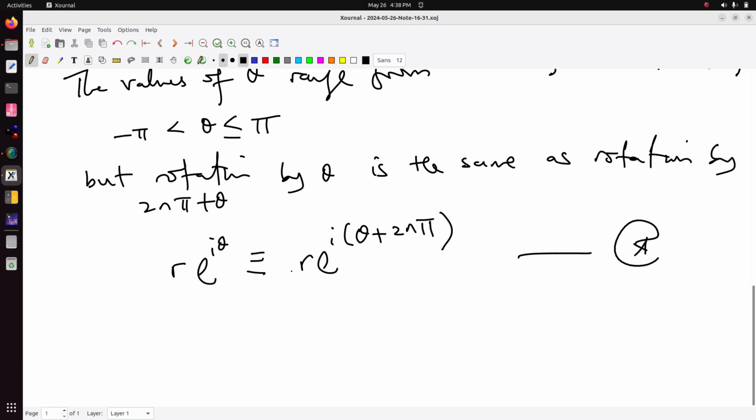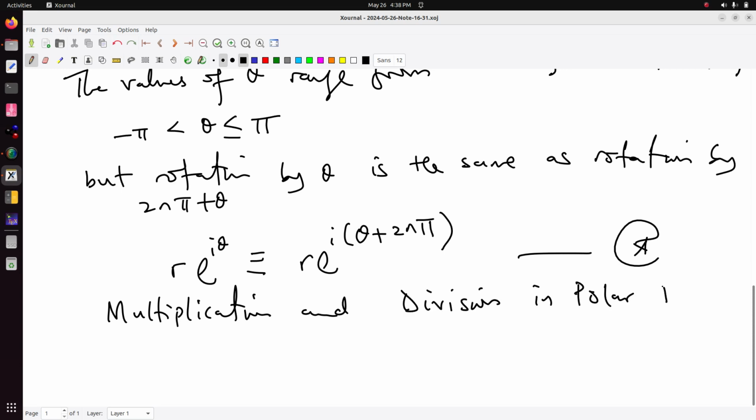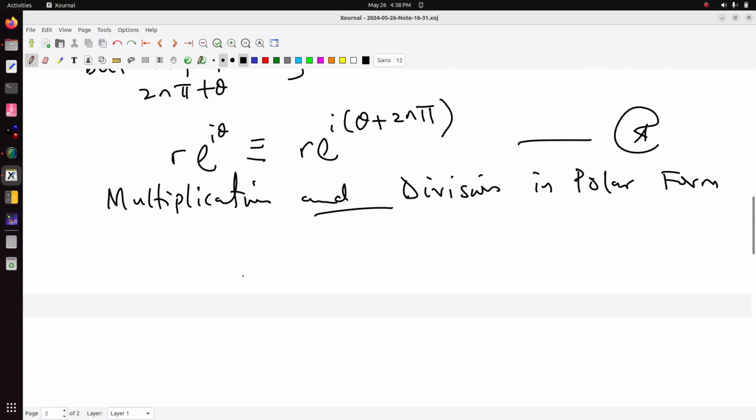Now, multiplication and division in polar form. If you have two complex numbers, the first complex number is z1 and the second is z2.